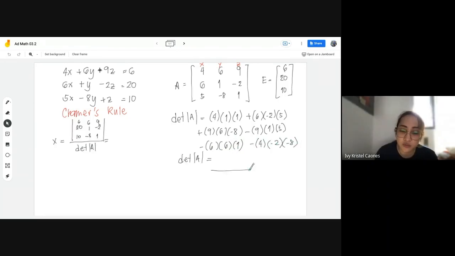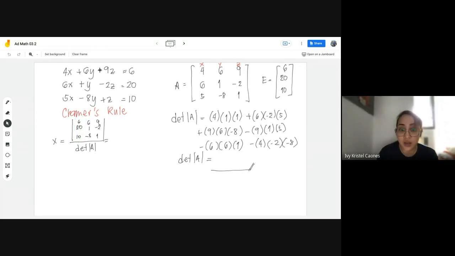While you're solving for the determinants of A, as you can see what I did, for us to find the variable X, I made a new matrix where I replaced the column of the unknown by the value of the column matrix. I omit the column X, change it by the column matrix.